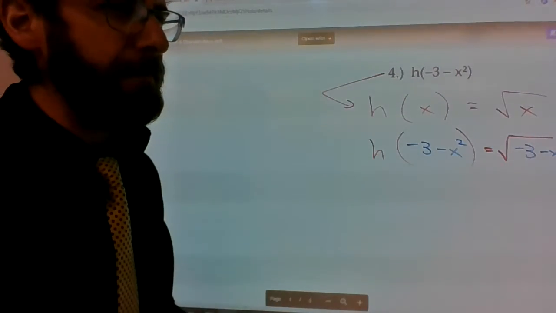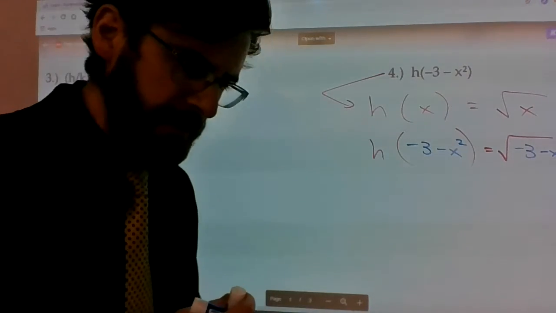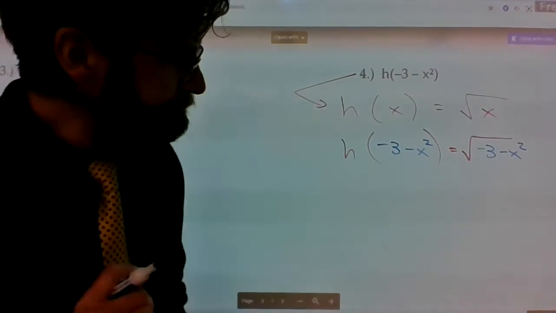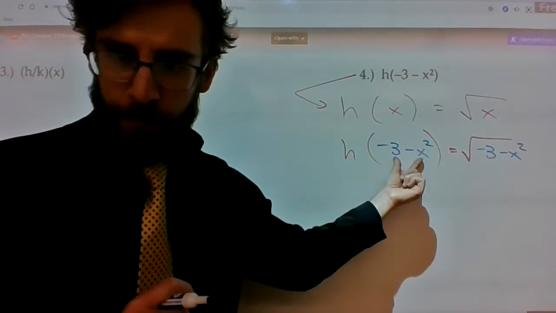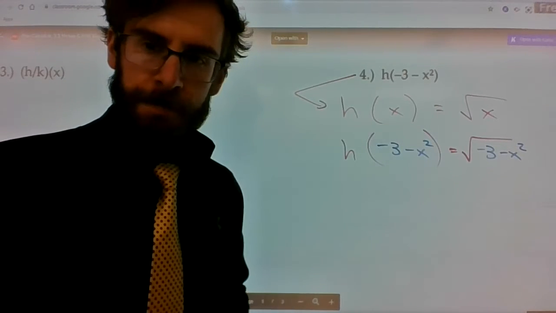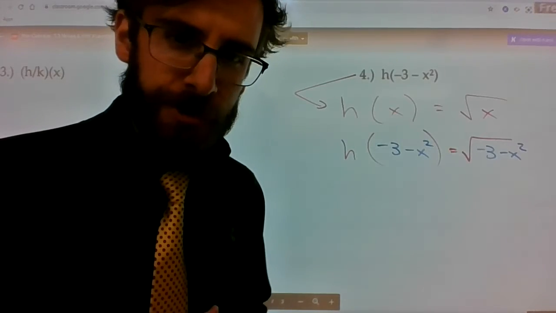So it's almost like I'm not operating on the function. I'm not adding, subtracting, multiplying, or dividing two functions. I'm basically saying, hey, your x is going to be replaced with an entire variable expression. So that's h of negative 3 minus x squared. Now, how do you determine the domain of that?